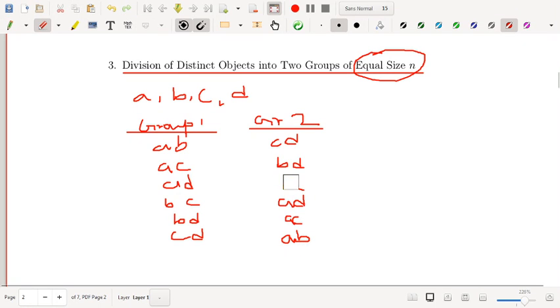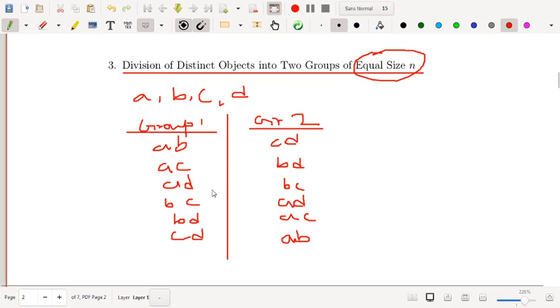Is this clear? So look at the division: AB CD, AC BD, AD BC, BC AD, BD AC, CD AB. So this is the division into two groups.